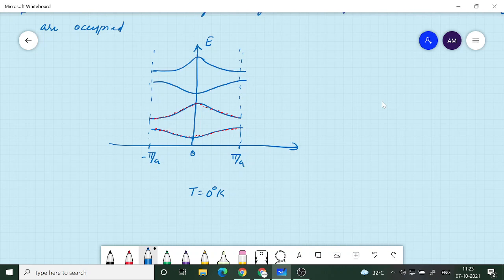Suppose for a given material the electrons are occupied like this, then the top occupied band we call the valence band. That is why I took this as EV. The top of the valence band is V for valence, and the band just above the valence band is usually called the conduction band. So this is called the conduction band.